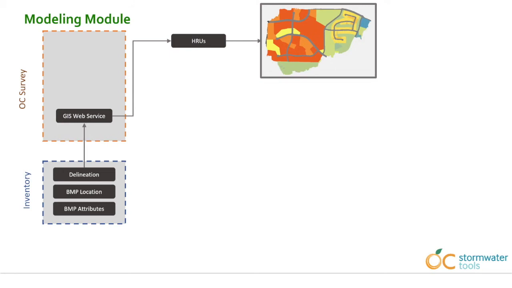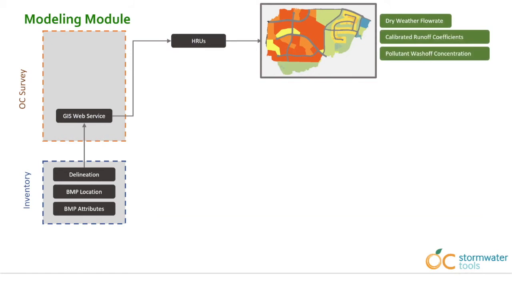Now, HRU is an acronym, stands for Hydrologic Response Unit. These units tell us information about the slope and the soils and the land use and the imperviousness. And this set of keys, these HRUs, let us relate the land surface to some detailed hydrologic models that we've prepared in the background.